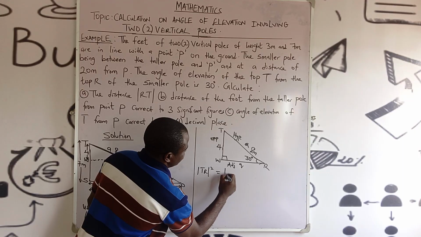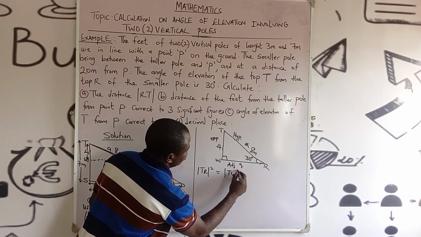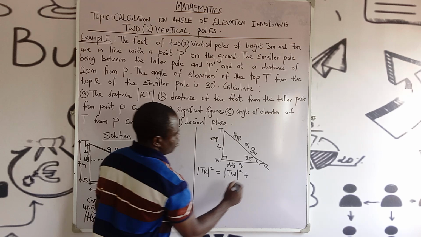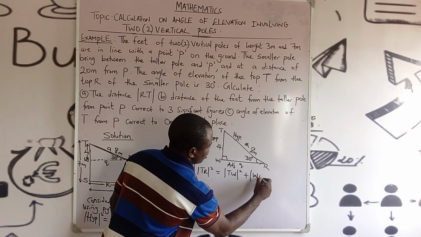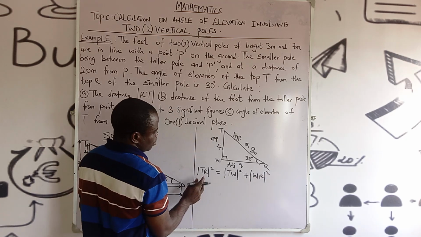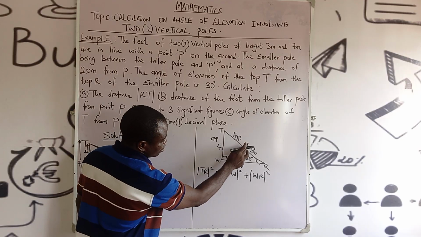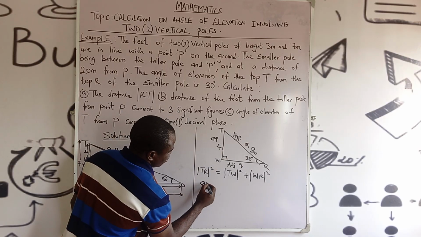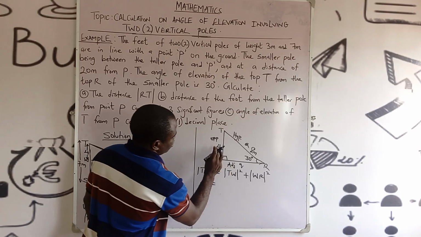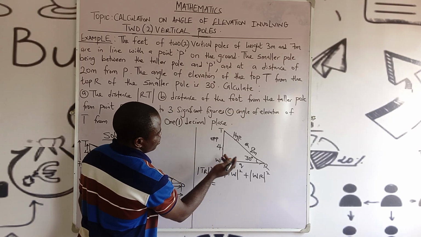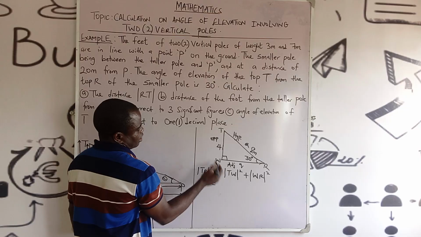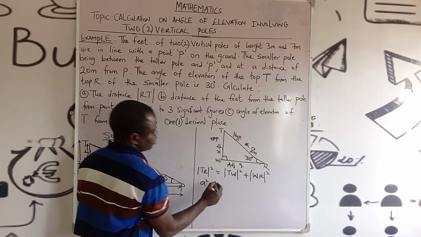Now you have TW squared plus WR squared. What's our TR? We use A. Let's use A squared equals, what do you have here? You can use X to represent that.